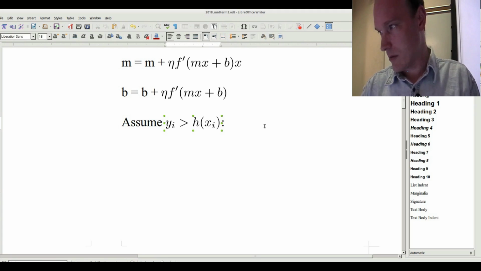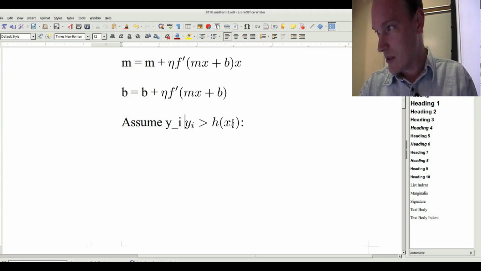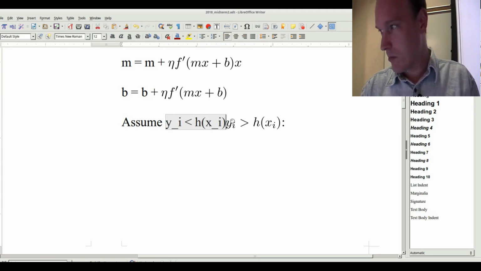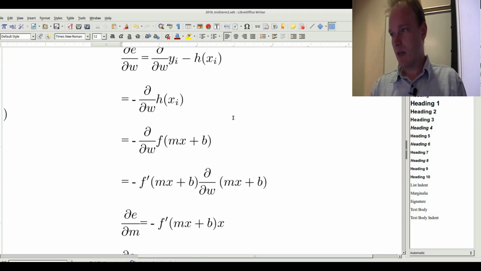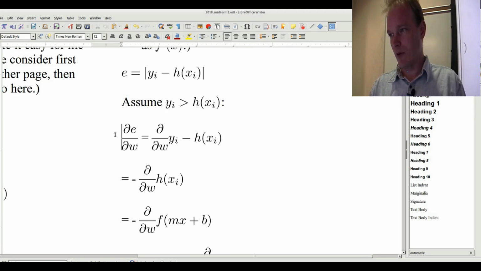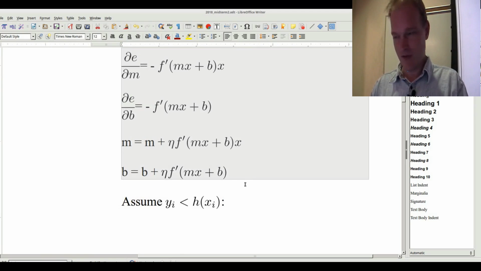Y sub i is less than h of x sub i. Okay. Now this would be a nasty problem, except we've already done it before, and now we're just going to go through and fix all the stuff.